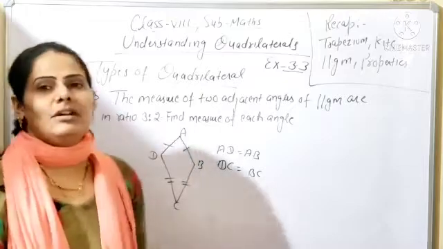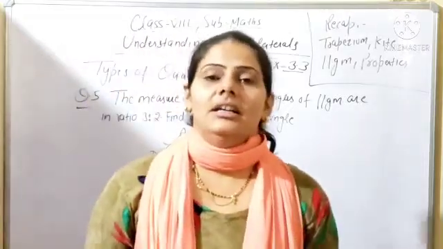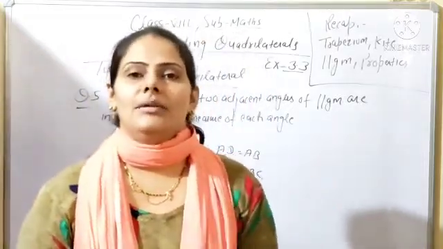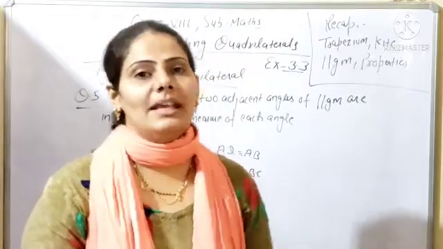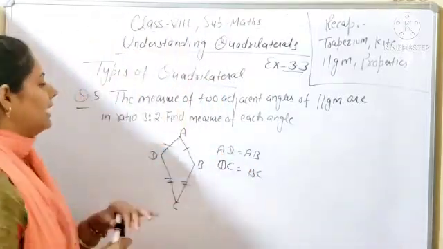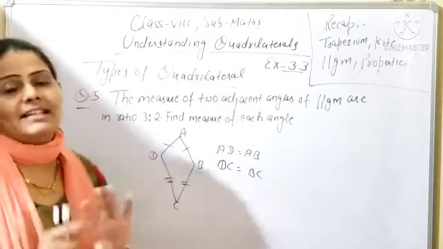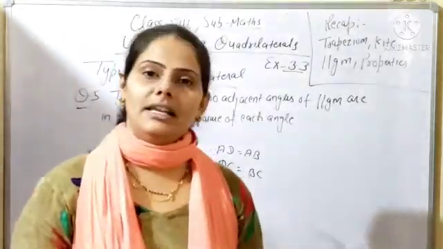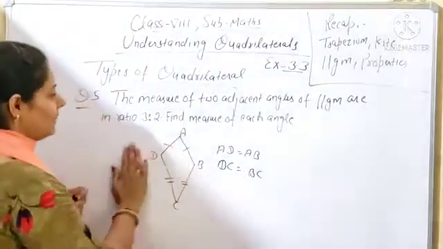So this will be a kite. A kite is a quadrilateral where pairs of adjacent or consecutive sides are equal in length. Third one is parallelogram.